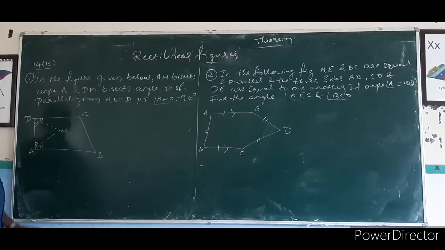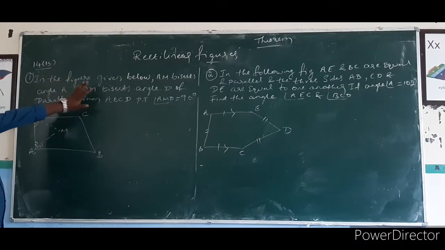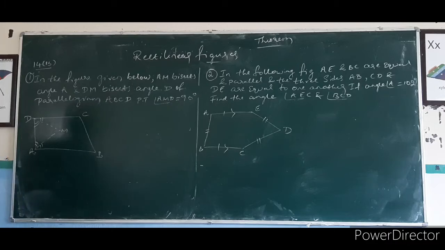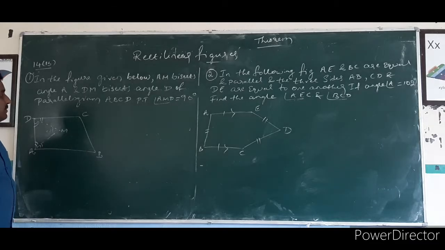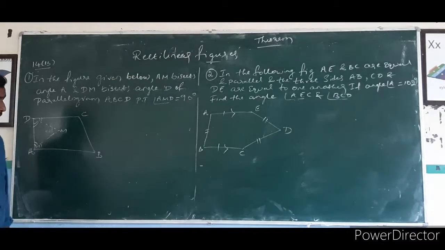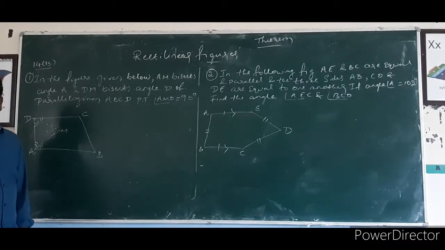Next problem: in the figure given below, AM bisects angle A, and DM bisects angle D of parallelogram ABCD. Prove that angle AMD is equal to 90 degrees. Before that, we know the properties of a parallelogram.